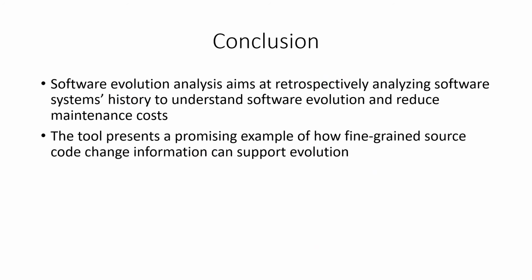Coming to the conclusion, software evolution analysis aims at retrospectively analyzing the software system's history to understand the software evolution and reduce the maintenance costs. This means that by analyzing the software evolution, we can identify where and when changes are happening.